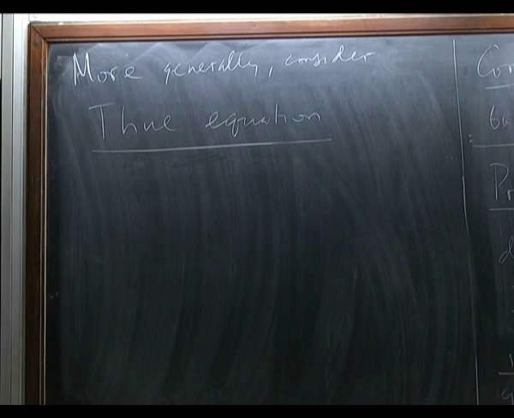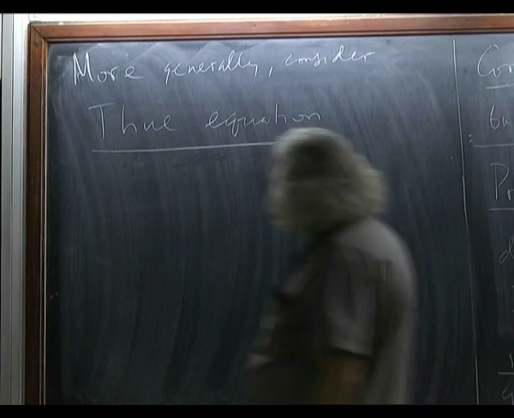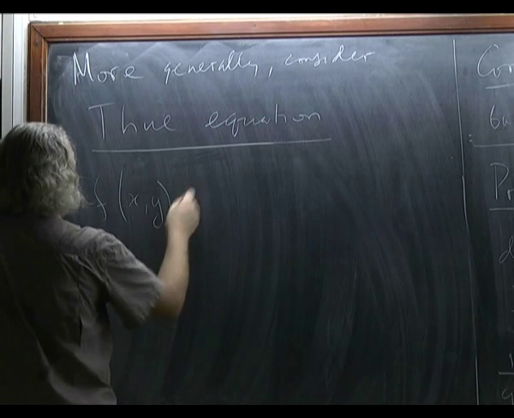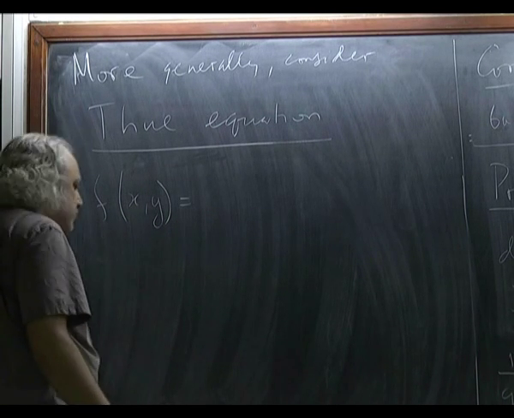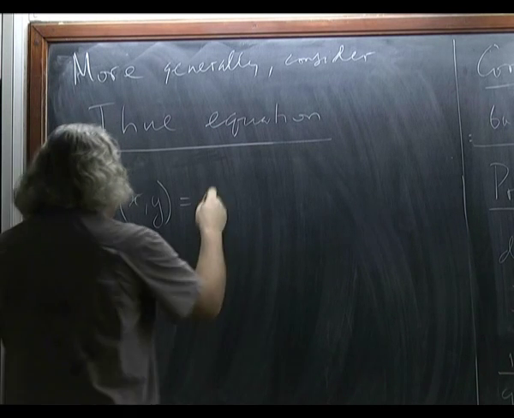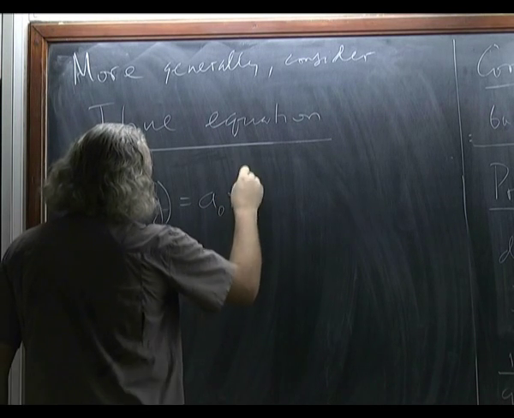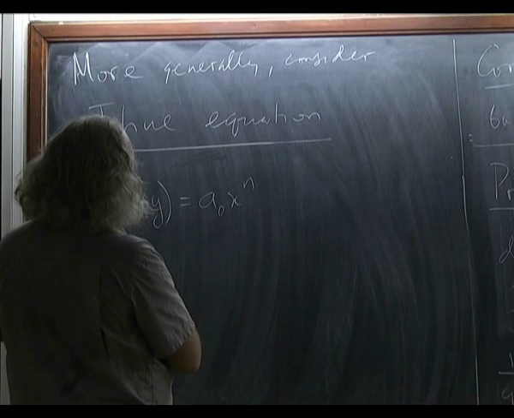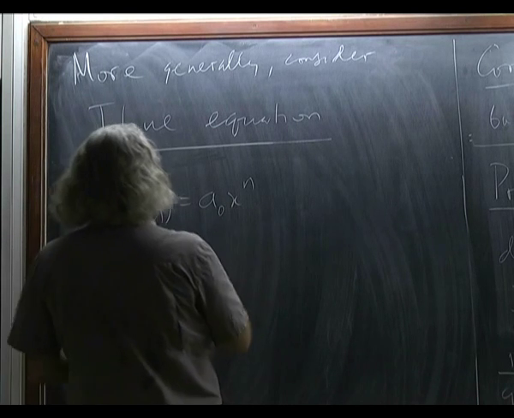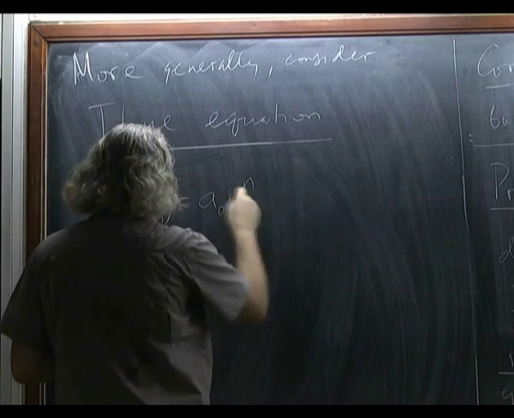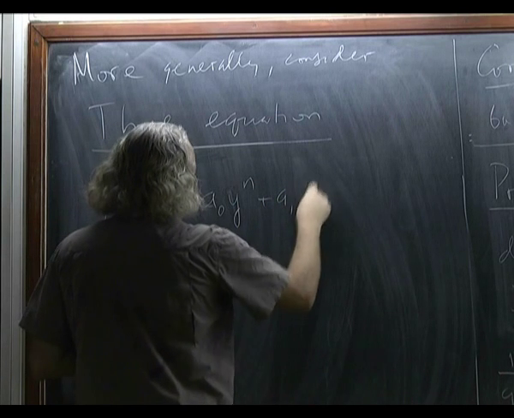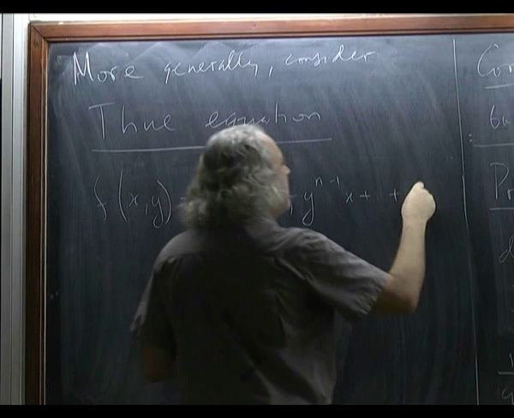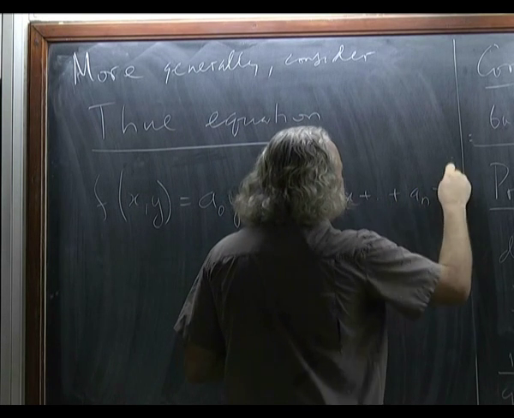What is this Thue equation? It is an equation of the following form: let f of x, y be a homogeneous polynomial of degree n. So we write it as a0 y to the n plus a1 y to the n minus 1 x plus etc. plus an x to the n.